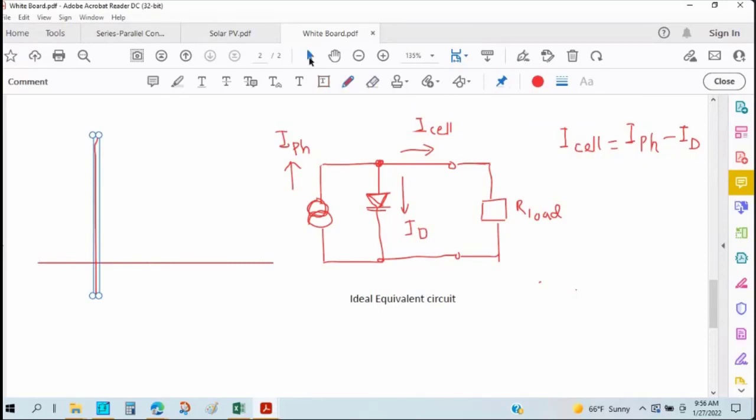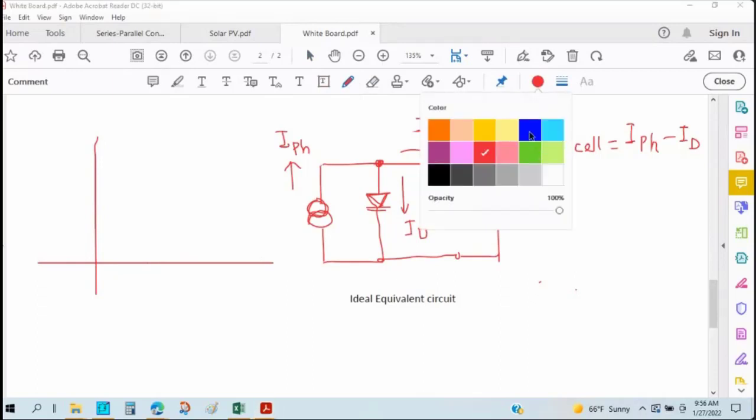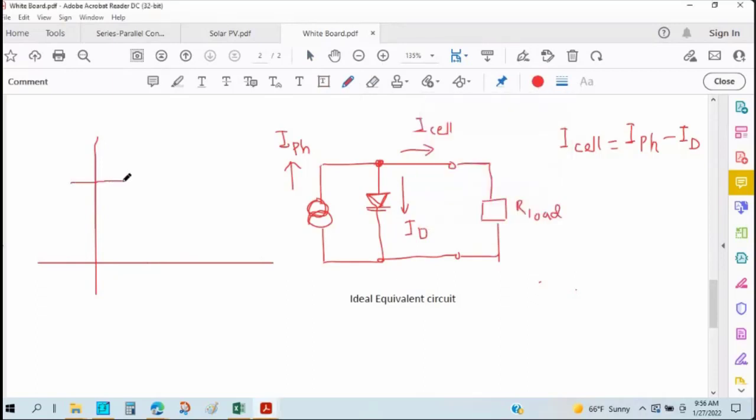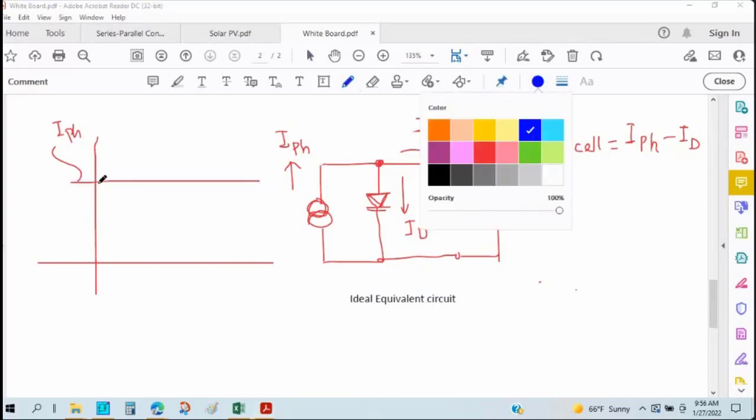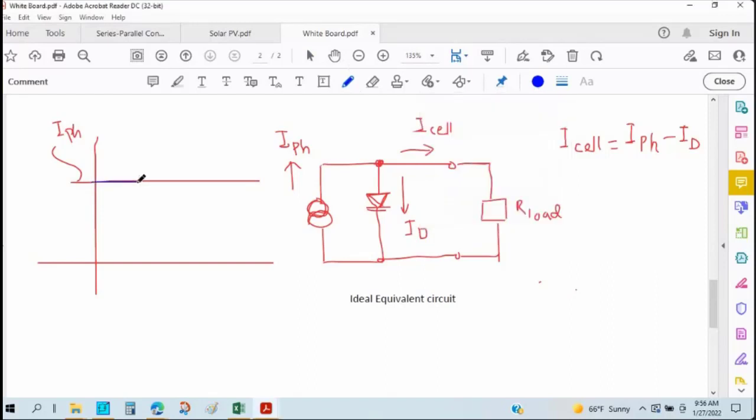Suppose, let's think that this is the photocurrent, this is IPH, and this one is the I cell current.